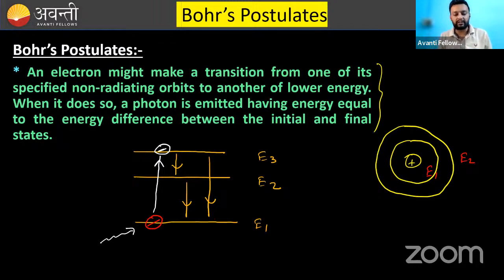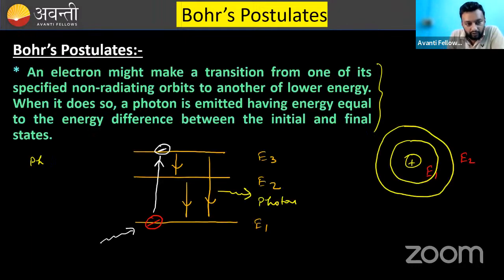This is a simple possibility thing. What it will do cannot be determined. Now, in the process of returning, it releases a photon of energy, and this photon has some energy because photons are packets of energy.